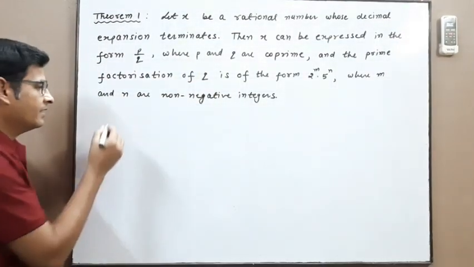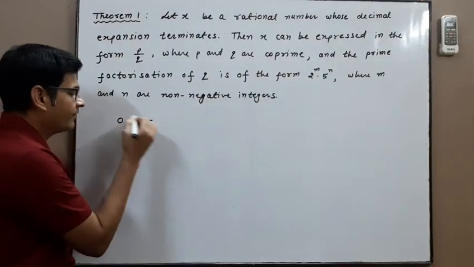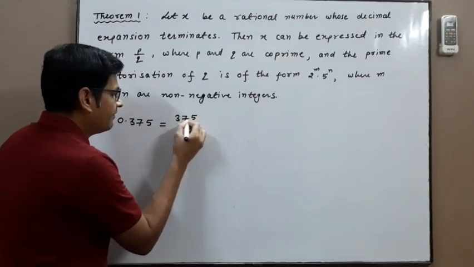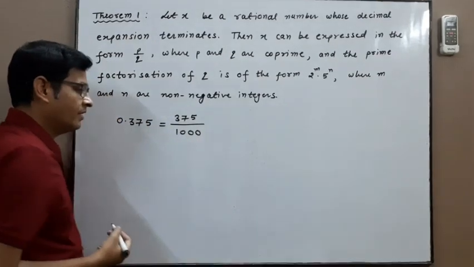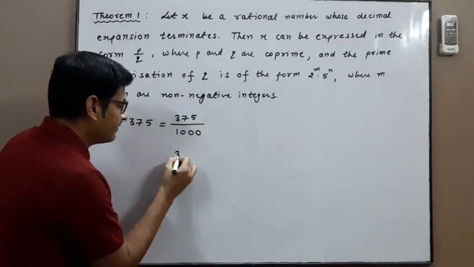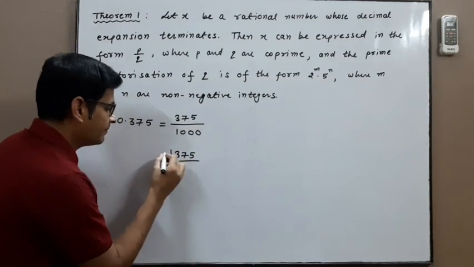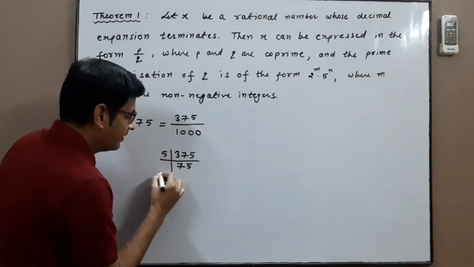For example, 0.375 we can write as 375 upon 1000. Now tell me the factors of 375. So now divide. 5 7s are 35, 5 5s are 25.